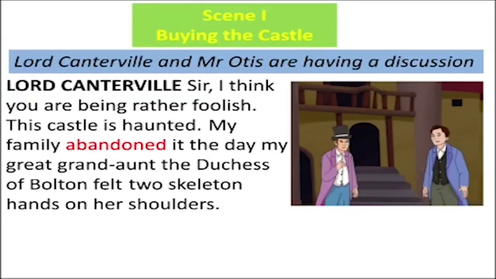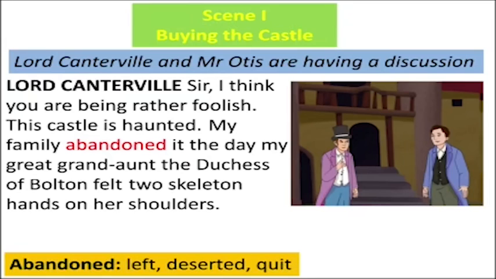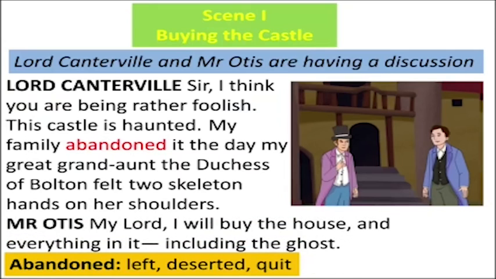This castle is haunted. My family abandoned it the day my great-grand aunt, the Duchess of Bolton, felt two skeleton hands on her shoulders. Mr. Otis replied, My lord, I will buy the house and everything in it, including the ghost.